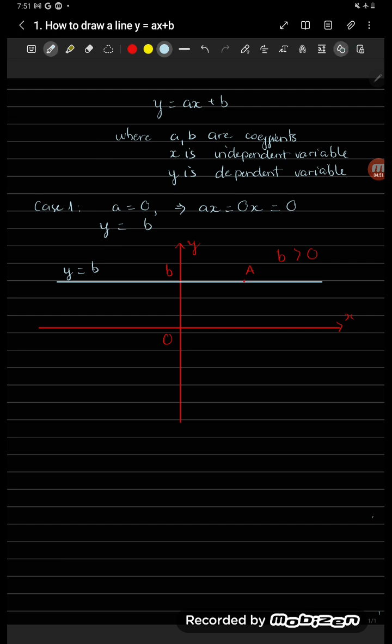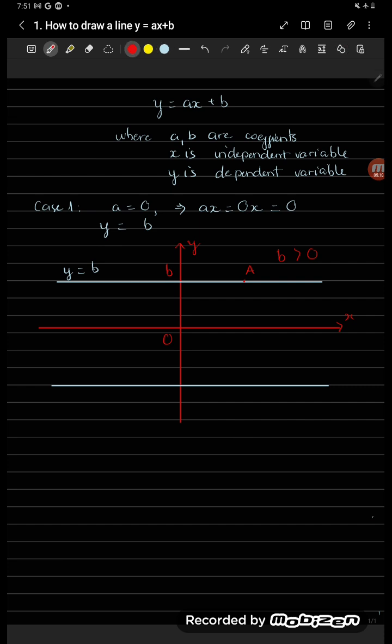So what if b is negative? If b is negative, then your line is below the Ox axis, so still parallel with Ox, but below it.